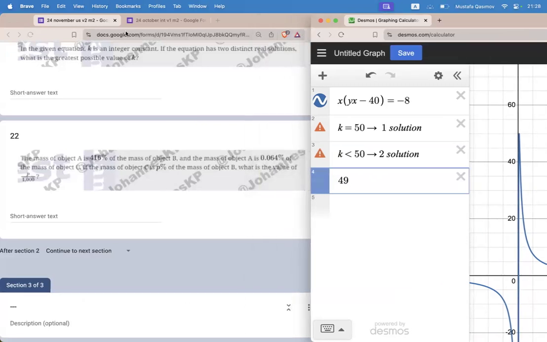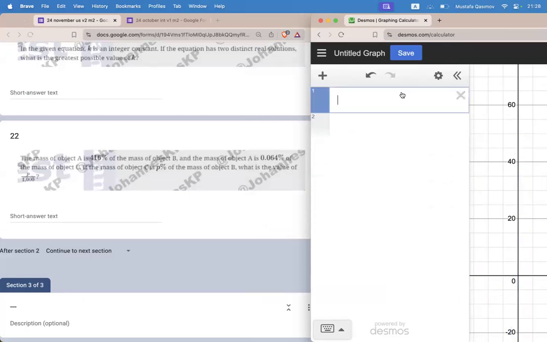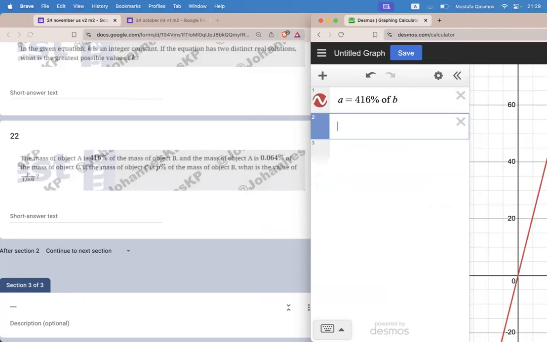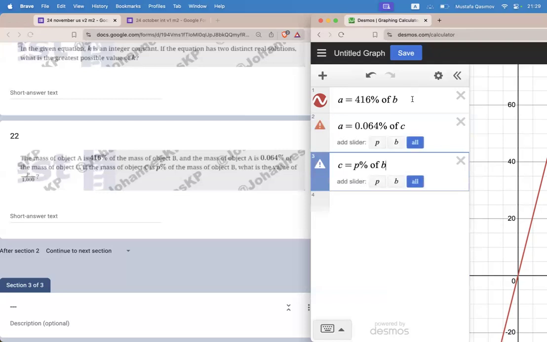This one, we have to write it like this. A is equal to 416% of B. A is equal to 0.064% of C. Then it says that C is equal to P% of B. Okay, now if you want, you can give a number.